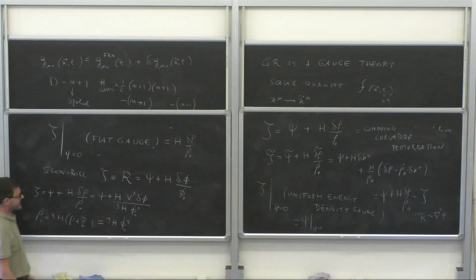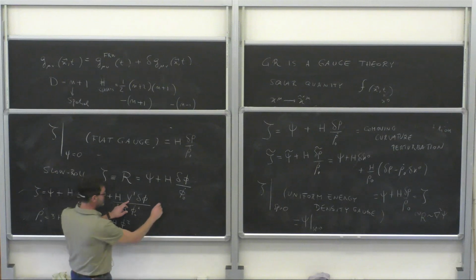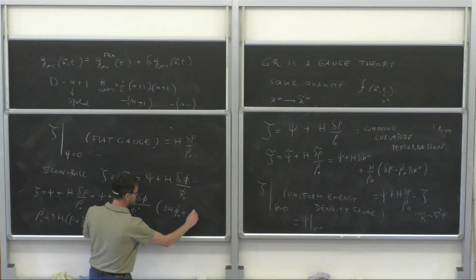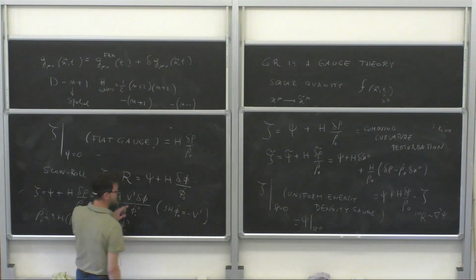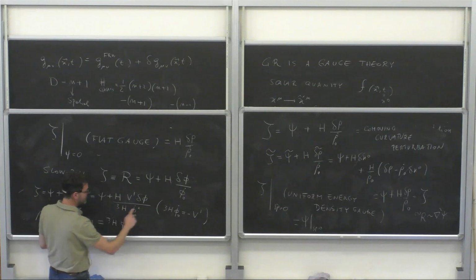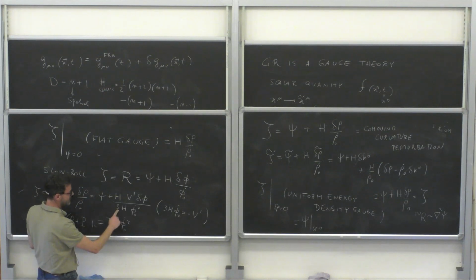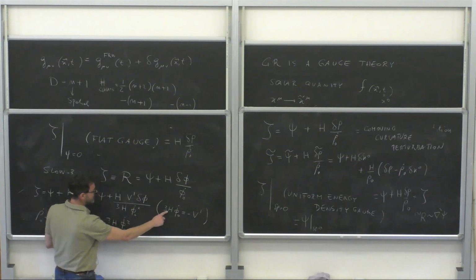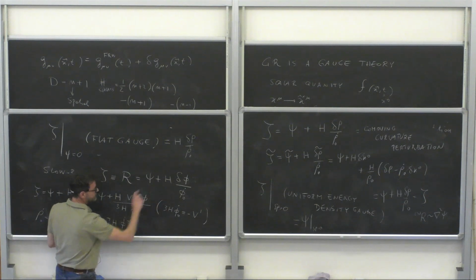But what is V prime? If you remember, under slow roll, I know that the equation is 3H phi dot 0 equals minus V prime. So V prime I can replace by this. The 3 will cancel the 3 here, and the H will be gone. So I have exactly this quantity here. You see?